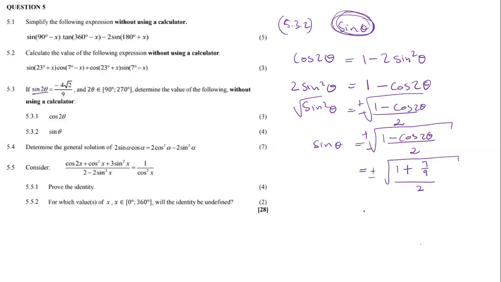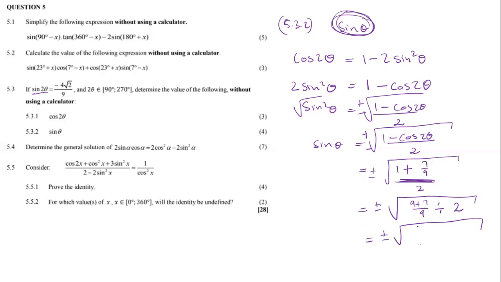You see? And then plus or minus the square root of 9 plus 7 over 9, divided by 2. What is 9 plus 7? It is going to be 16.